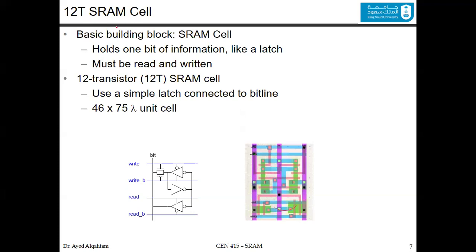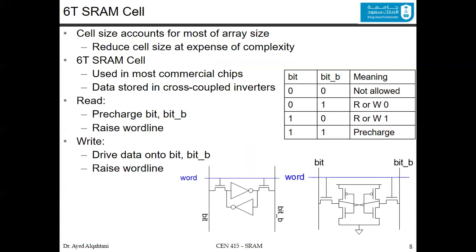The more important one, and the one that we will discuss thoroughly, is the 6 transistor SRAM cell. And as you can see, it's basically two inverters back to back, followed by two NMOSes that are controlled by the word line. So if you choose this cell, this word line should be activated, or equal to 1.